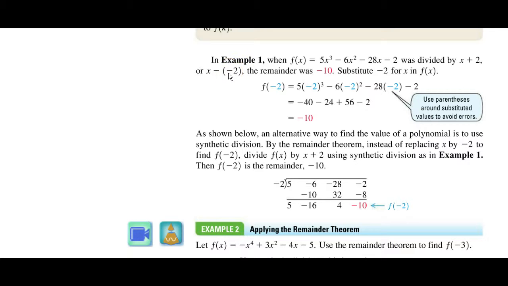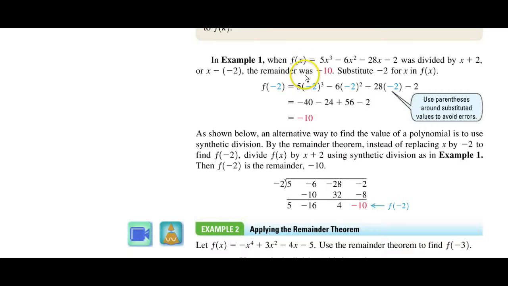Now remember, the c value originally was a negative 2. So again, opposite sign. Because of x minus k, it was x plus 2. So our k, or our constant, is a negative 2. So f of negative 2 into our function, as we do all of this calculation, we end up with a negative 10.